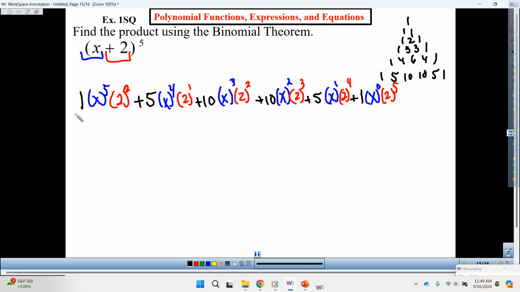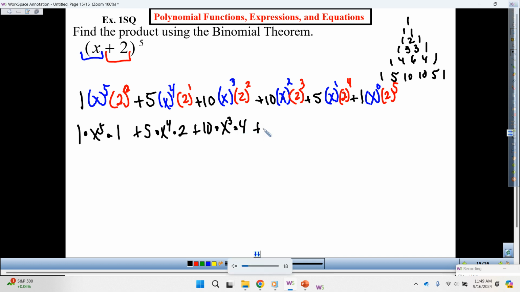This is 1 times x to the 5th times 1, plus 5 times x to the 4th times 2, 10 times x to the 3rd times 2 squared is 4, plus 10 times x to the 2nd times 8.